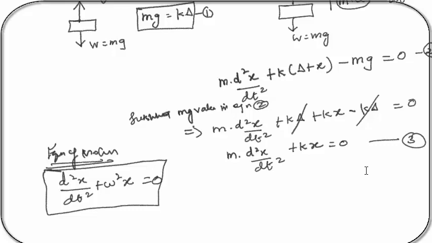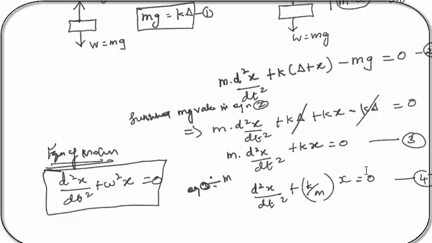So I'm going to divide equation number 3 by m, so that I can relate these two equations. So d square x by dt square, because m gets cancelled, plus k by m x is equal to 0.